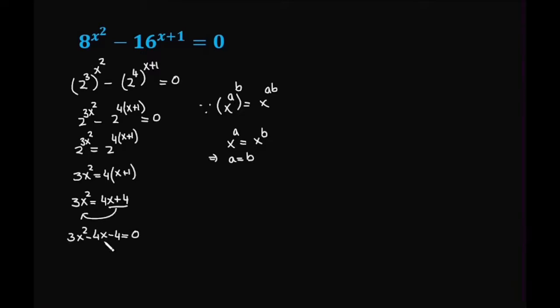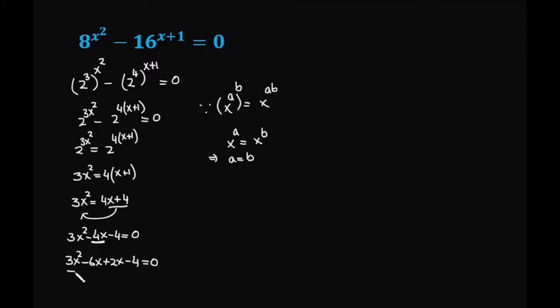I am going to solve it by factorization. I am going to make the factors of this middle term. This is equal to 3x square minus 6x plus 2x minus 4 is equal to 0.